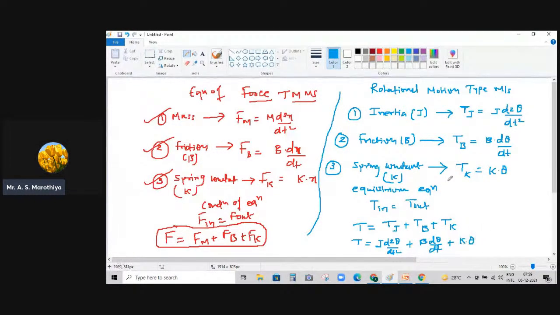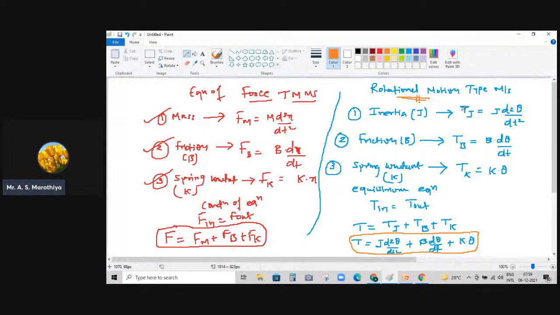So this equation indicates the mathematical modeling of rotational motion type mechanical system. This is very general. It is not at all necessary that in a mechanical system you always have all three components.